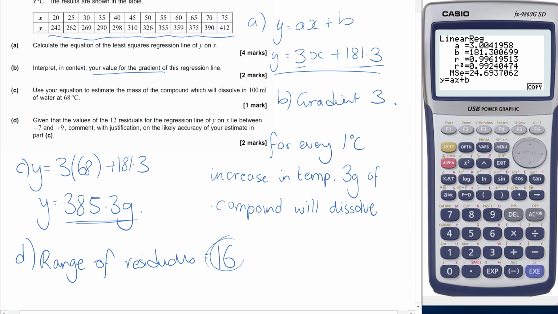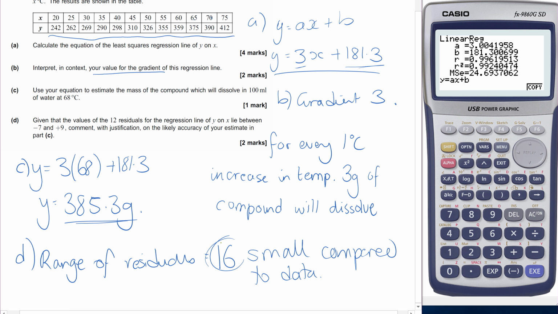So for my solution for D, I would write residuals are quite small, the range is 16 compared to the data, so the estimate is likely to be accurate. So the range is 16, which is small compared to the data. We often talk about being less than 10%.